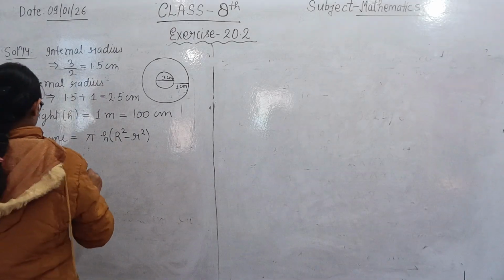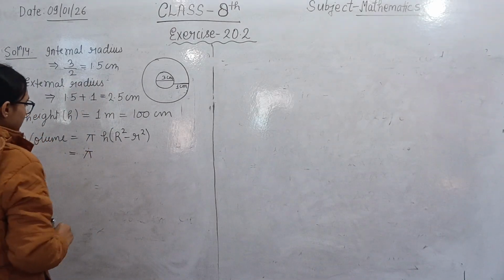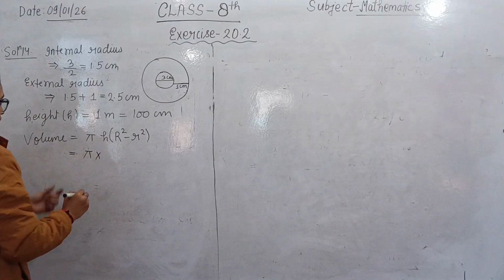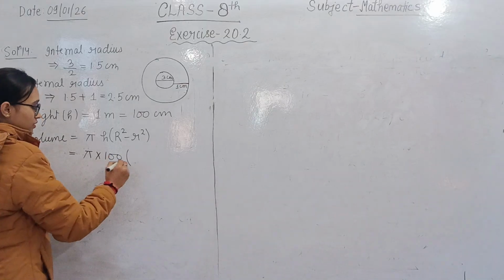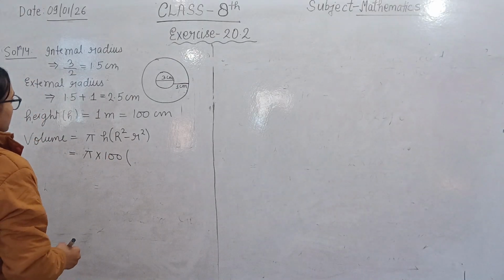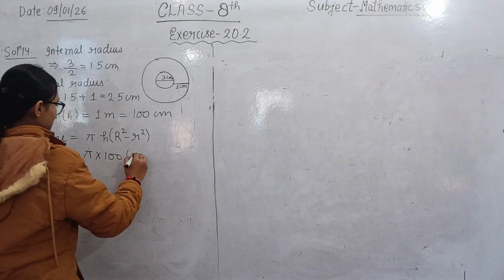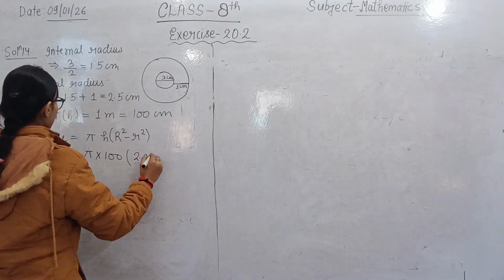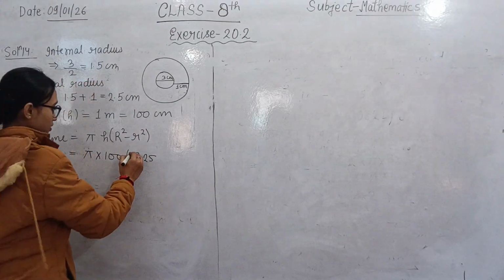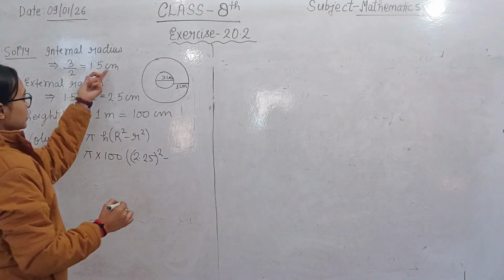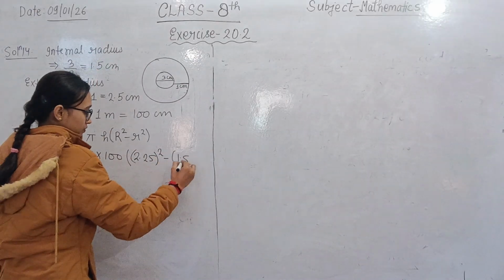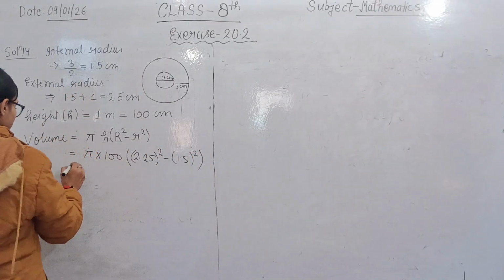So the value of pi, we will write it as 22 upon 7. H means height and height we have calculated as 100. R square means the external radius, 2.5 whole square, minus small r square means the internal radius, which is given as 1.5 centimeter whole square.